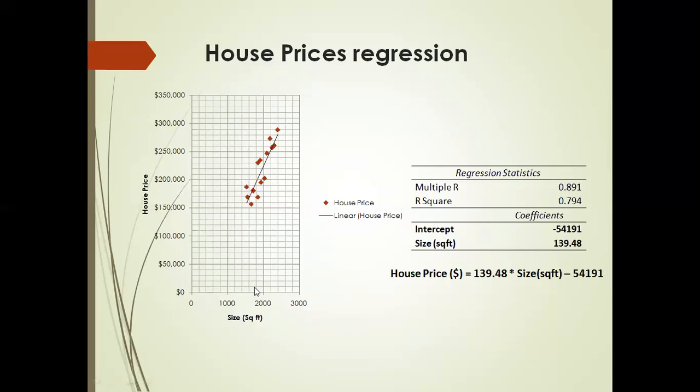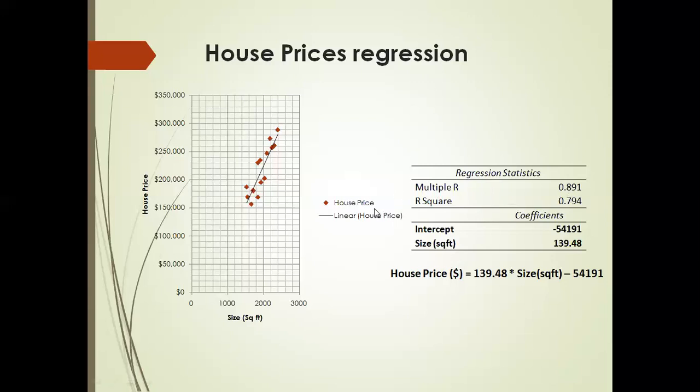Understood this? Okay. When we run the regression model between the two variables, the predictor and the outcome, it produces the following output. It shows the coefficient of correlation to be 0.891. So what is this R? R is nothing but the coefficient of correlation.